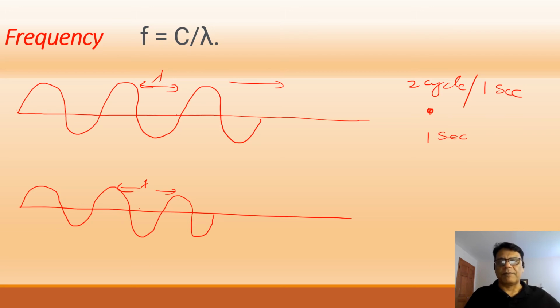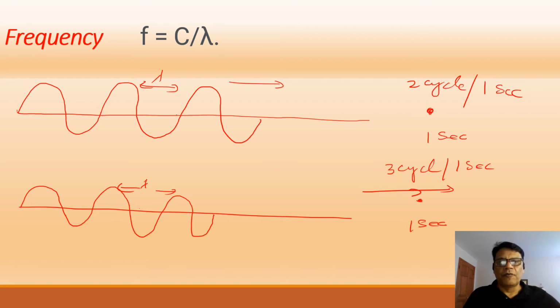Similarly, repeat this procedure with this second shorter pulse. It will take less time to pass, and maybe all 3 cycles may pass in 1 second.